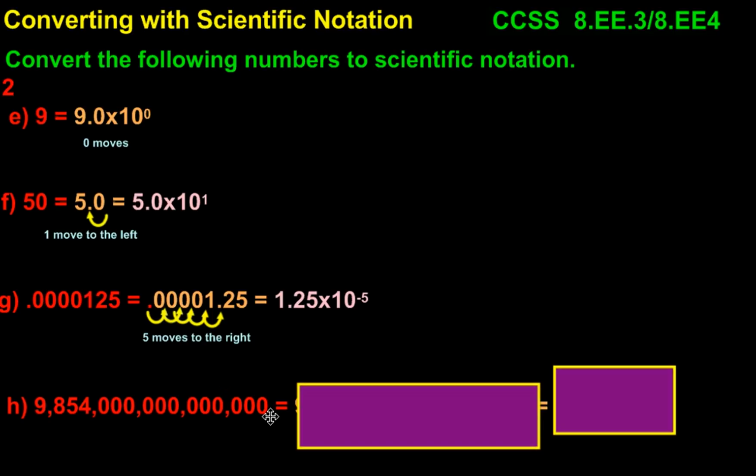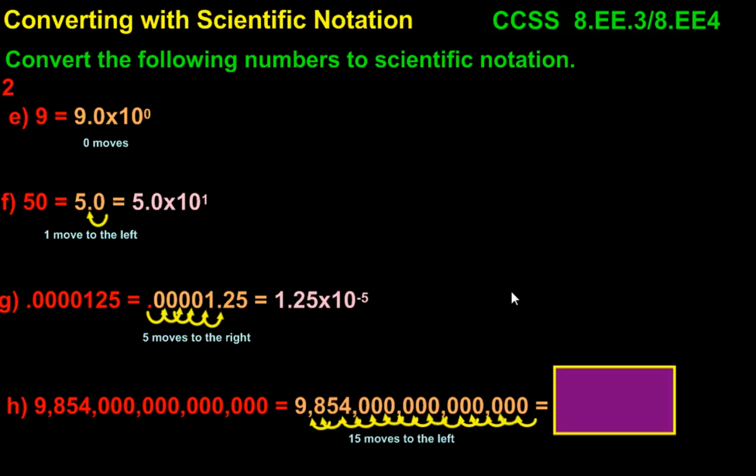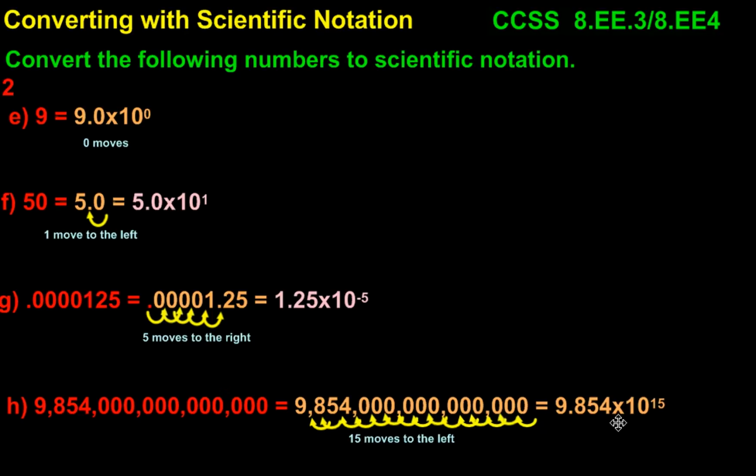And we're going to have to start back here and move it this way quite a few times. 15 moves, in fact. So we have 9.854 times 10 to the, how many moves did it take? 15. So times 10 to the 15th.